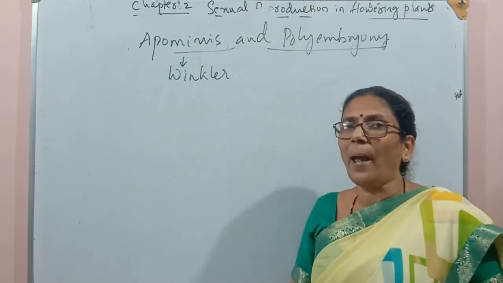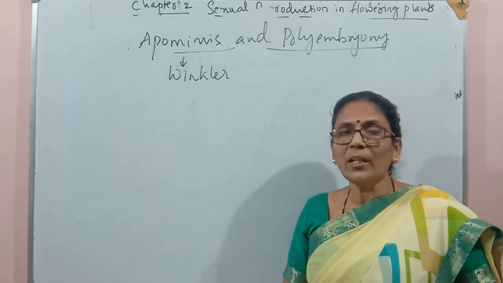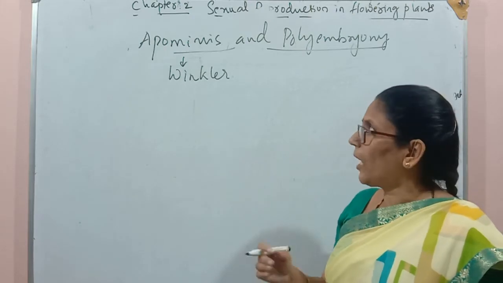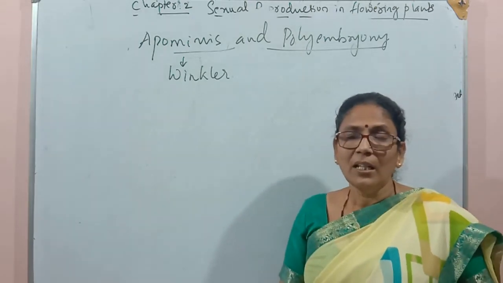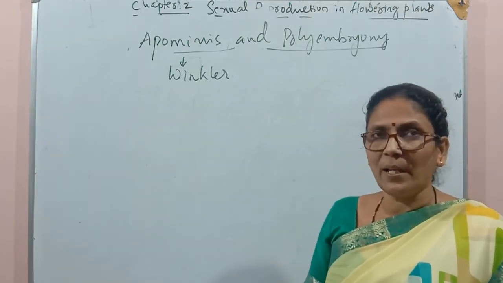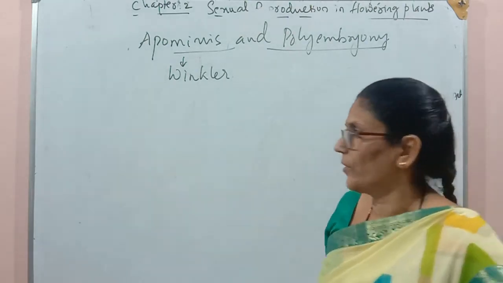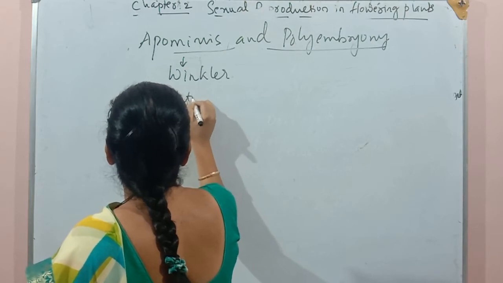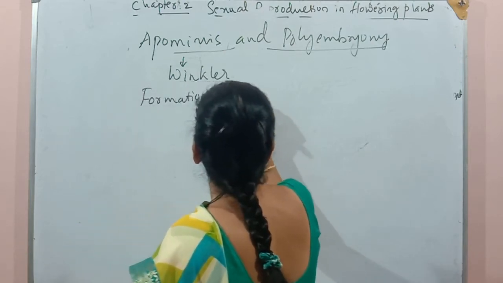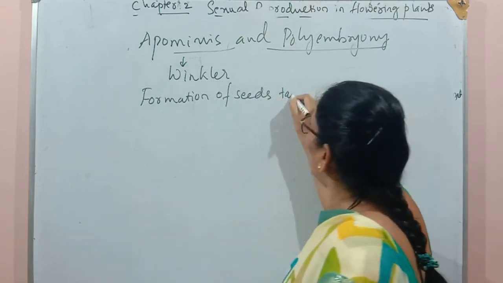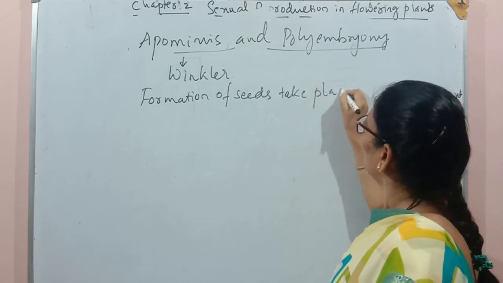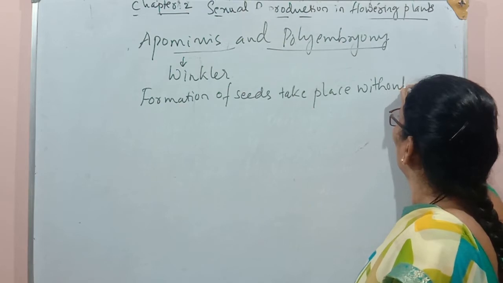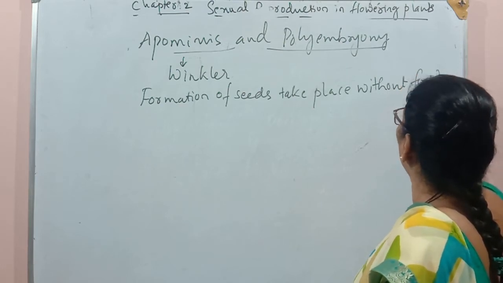What is the meaning of apomixis? Usually seeds are produced after fertilization. But apomixis is the process where formation of seeds takes place without fertilization.